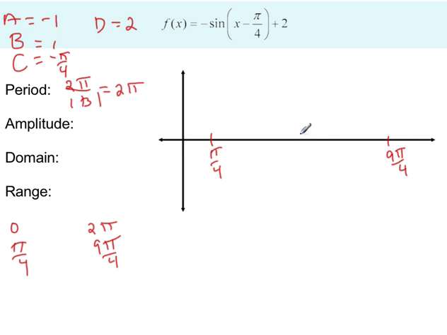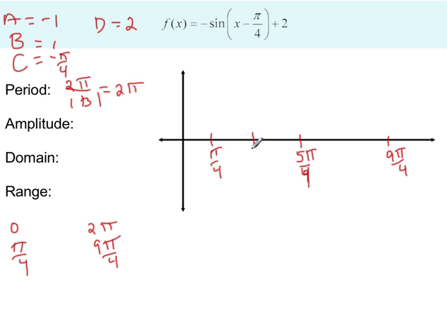Now, to find the other values I'm going to plot, I'm going to find the midpoint here. Pi over 4 plus 9 pi over 4 is 10 pi over 4, divided by 2. Well, 10 pi over 4 is really 5 pi over 2, divided by 2 is 5 pi over 4. Pi over 4 plus 5 pi over 4 is 6 pi over 4, which is really 3 pi over 2.